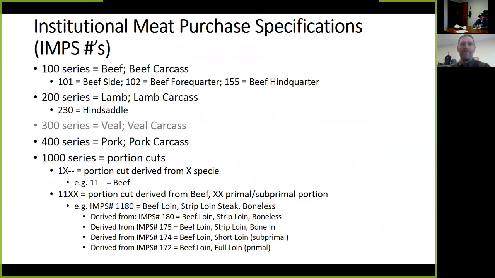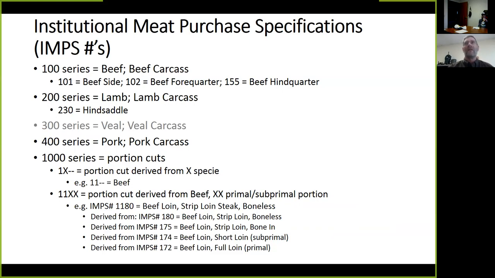I want to mention a little bit about institutional meat purchase specifications, or IMPS. I don't expect you to memorize the numbers, and we're going to be going through some numbers and using this system to identify some of our meat cuts. But I do expect you to know some of the basic things we're going to go through on this slide.